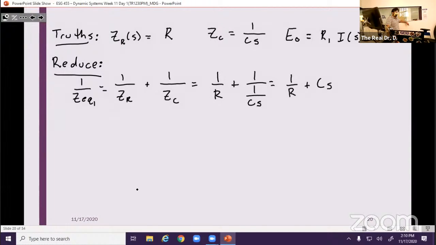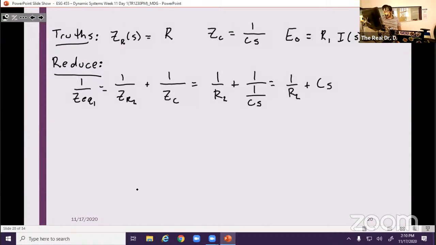Now that's great. And I should really make this R2, because that is R2 in our diagram. We have two resistors, R1 and R2. We can't assume that they are the same. Great.